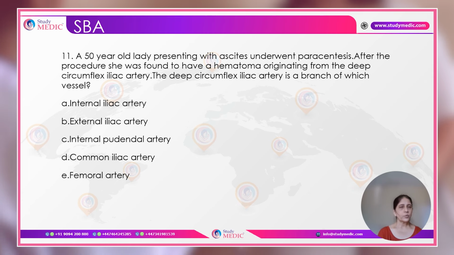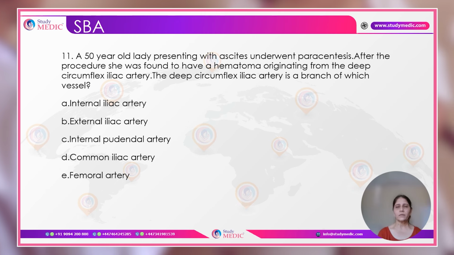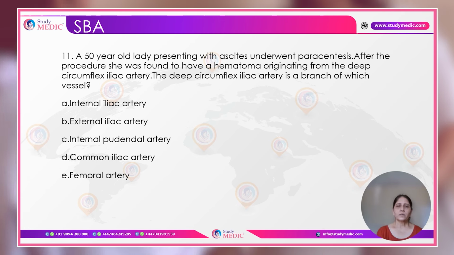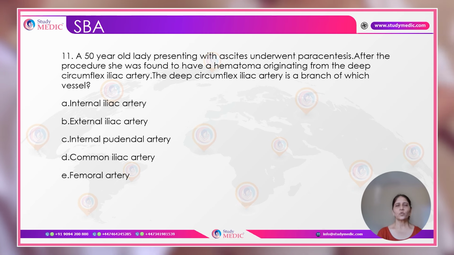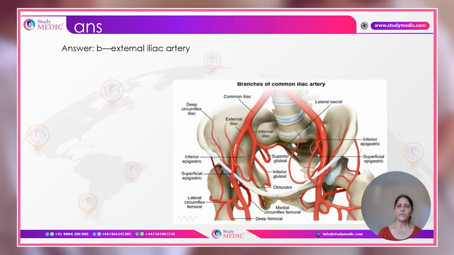Femoral artery supplies the lower limb, and you are unlikely to damage it whenever you are draining an ascites. So the question left here, obviously, it is only the external iliac artery that is left, and yes, the deep circumflex iliac artery is a branch of external iliac artery.